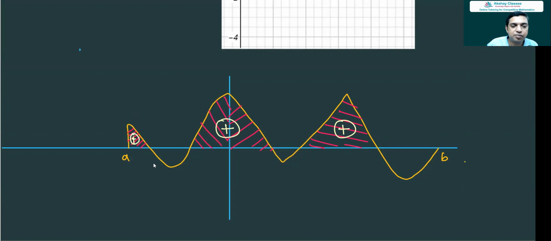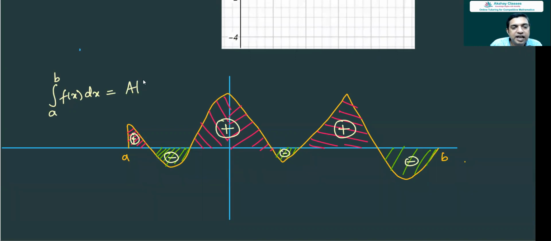And these regions will be negative. So when you do integral a to b f of x dx, it is equal to the algebraic sum of the areas.